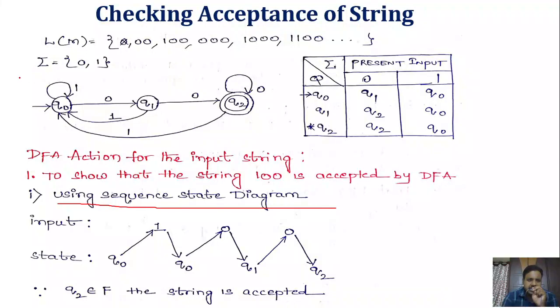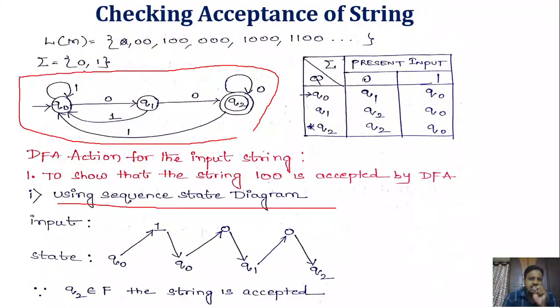So here let us consider we have one DFA, right? You could see here, this is the DFA. Don't bother about what this DFA is doing. Just imagine that we have one ready-made DFA. For that DFA, we need to check whether a particular string is accepted by the DFA or not, right?